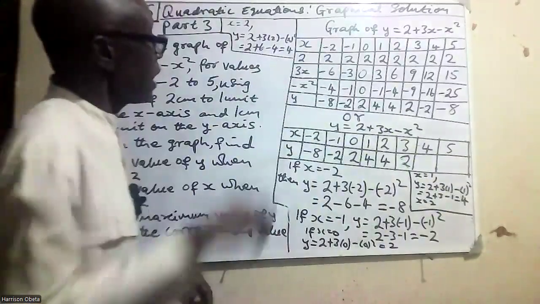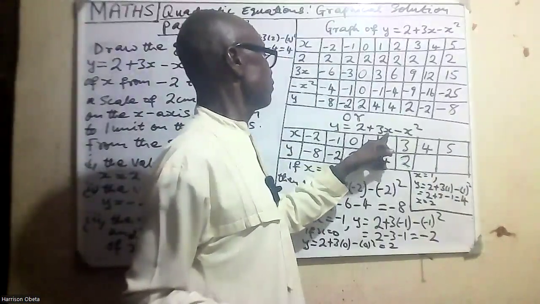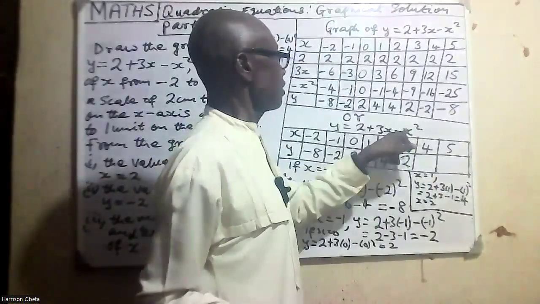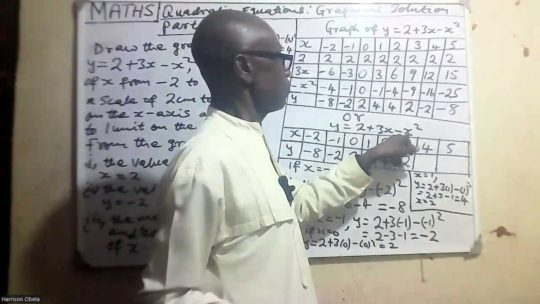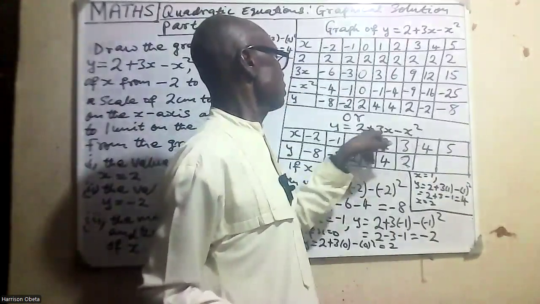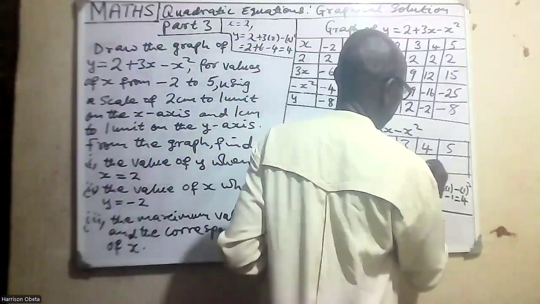Then when x is 4, 4 times 3 is 12. Plus 2, this is 14. 14 minus 16, because 4 times 4 is 16. This negative will still be there. So plus 14 minus 16 is minus 2. You have your minus 2 here.